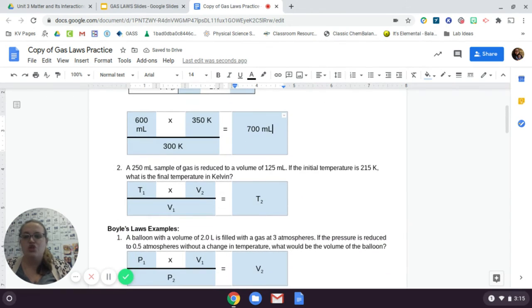All right, the next one says a 250 milliliter sample of gas is reduced to a volume of 125 milliliters. If the initial temperature is 215 Kelvin, what is the final temperature in Kelvin? So it tells me my initial temperature is 215 Kelvin, that's T1. It says my volume is reduced, so that's going to be my volume 2.